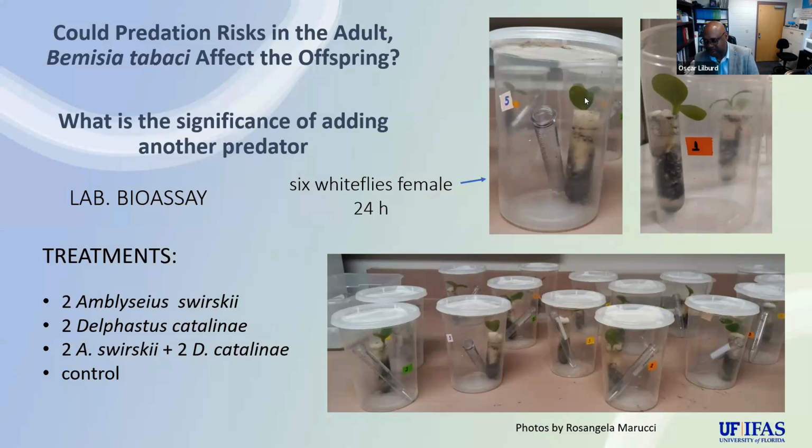One has a young squash plant inside. Then we released 6 reproductively active whiteflies in the jar, and we leave them just for 24 hours. We remove the whiteflies after 24 hours and see exactly what happens.